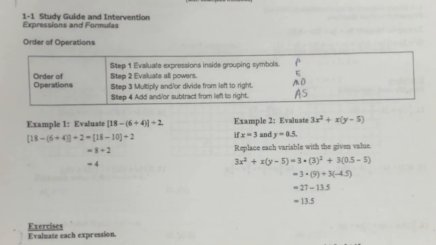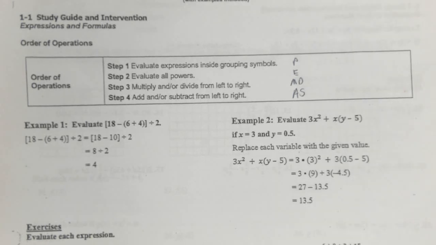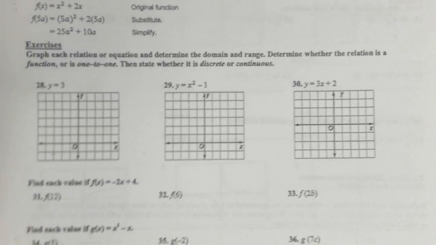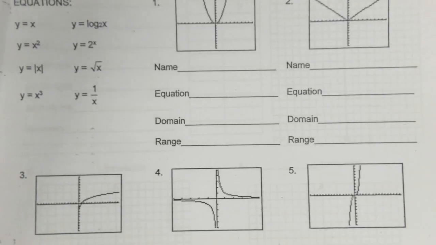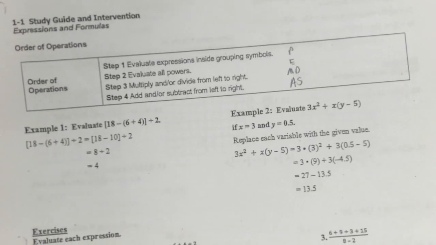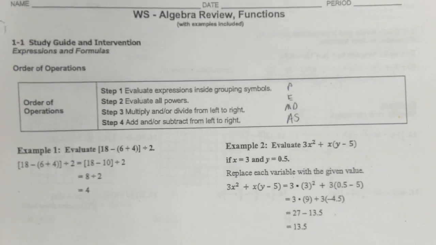Add and subtract have the same order, not different orders. So it's some pretty easy stuff. It's a review. Now, when is it due? It's going to be due on test day, but you should do it before test day. That way on Monday, you can ask questions about it. So it's assigned now. I expect it to be completed by Monday, but I'm not going to take it up until we have our test day.